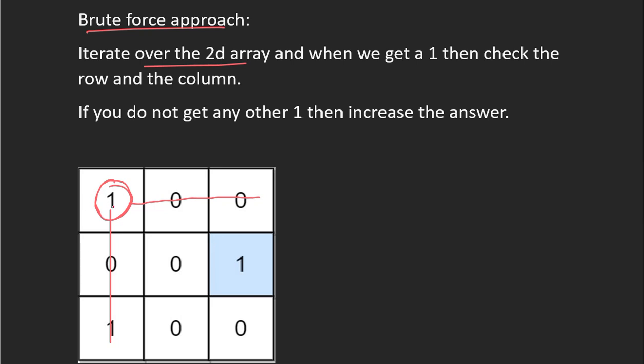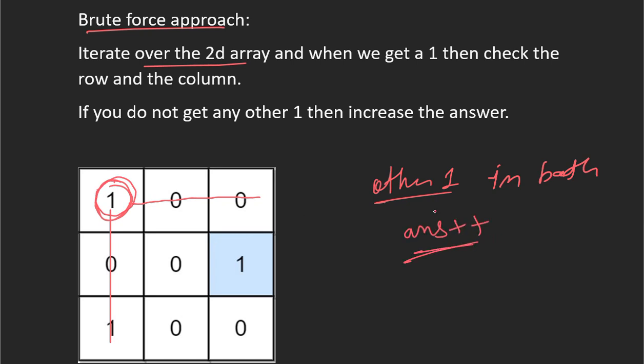And if we do not get any other 1 in both column and row, then the current position is a special position, and we increase our answer by 1. But suppose we get another 1 in the column, then we just ignore this position and move to the next position.